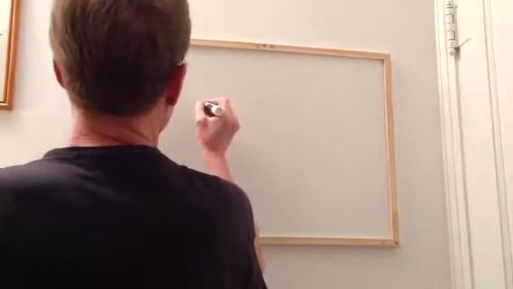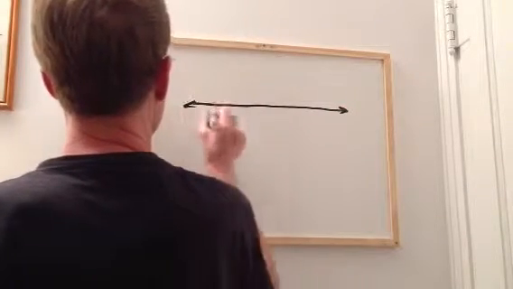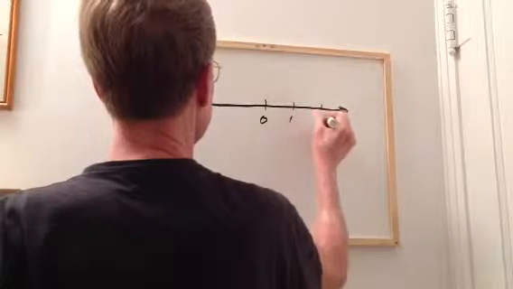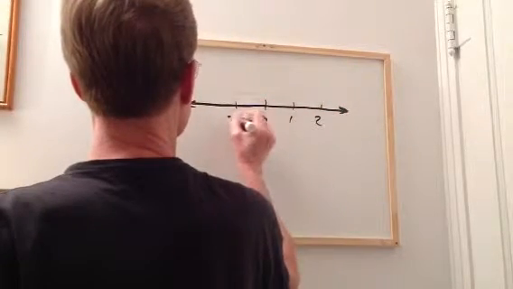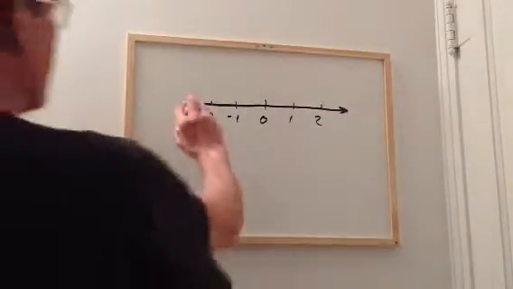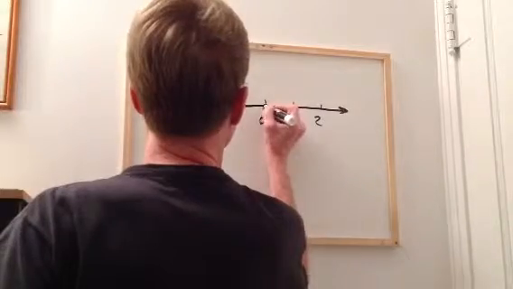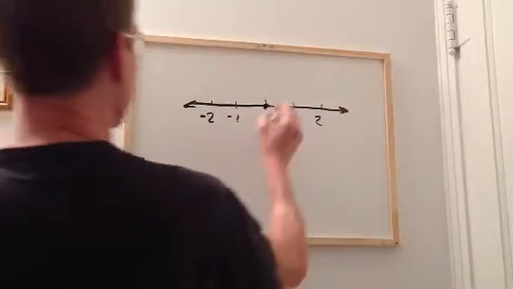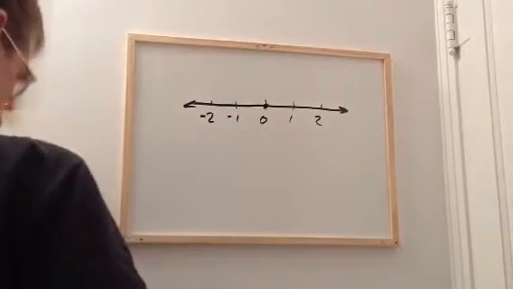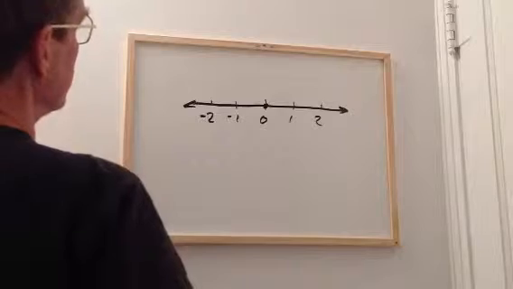First, let's look at the concept of a simple number, such as a real number on a real number line, like that. We can express any real number as a point along this line, thereby indicating its value.